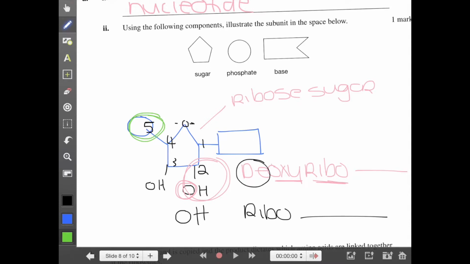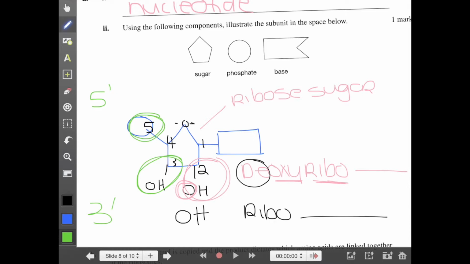And then your 3 prime end is over here. So if you need to label a nucleotide, that's your 5 prime end, and this is your 3 prime end. That is really important when we start looking at DNA replication and transcription. All right, so that's important to know.